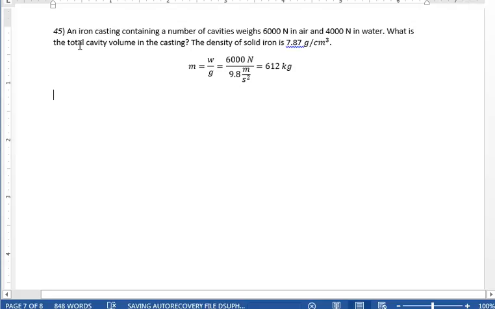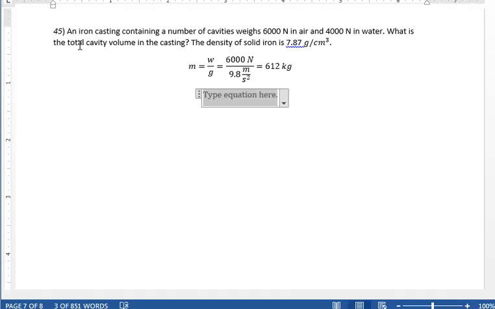When we put it in water, right, it displaces 2,000 newtons of water. All right, and we know that because it gets that much lift. It's 6,000 newtons in air, it's 4,000 newtons in water.